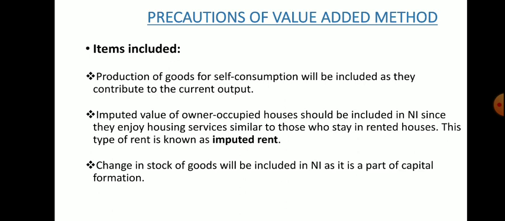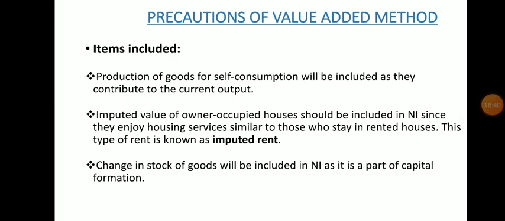And change in stock of goods will be included in national income. We should use that change in stock because it will add to the capital. This leads to capital formation. So change in stock we also need to include. These are the particulars we need to include.